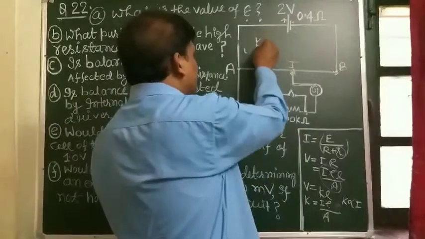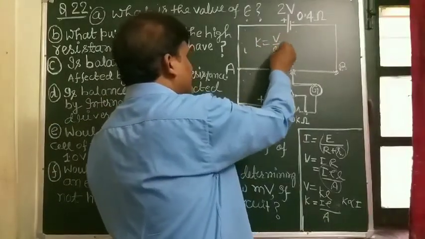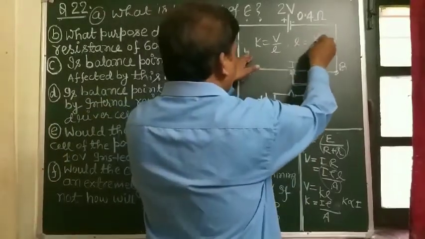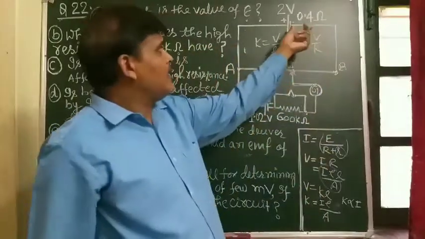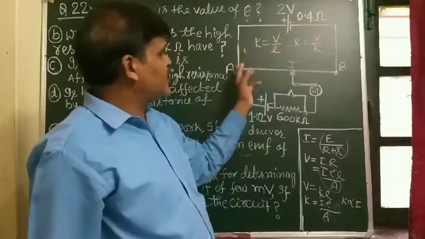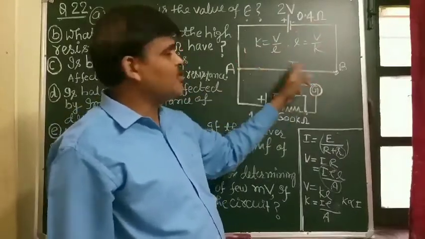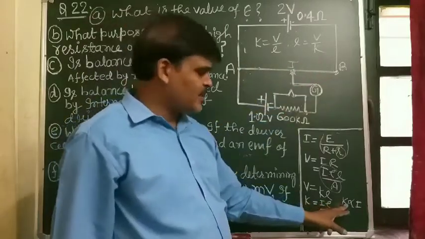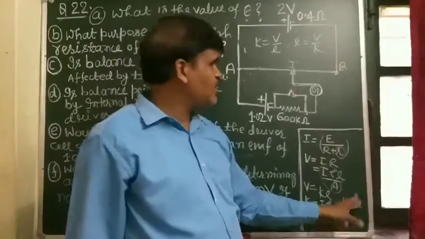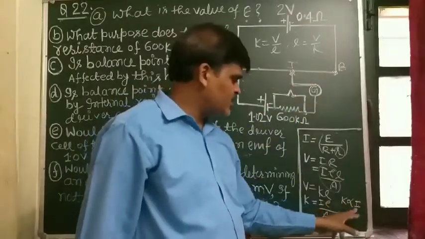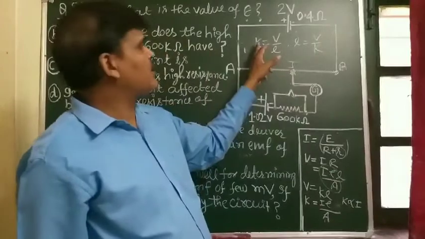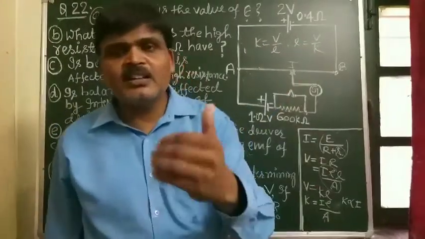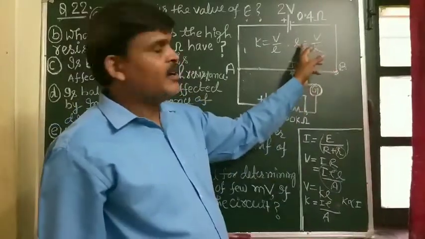We know that K equals V by L, so L equals V by K. So with internal resistance connected to the potentiometer wire, the current through the wire decreases, and the potential gradient is directly proportional to the current flowing through the potentiometer wire. So current decreases, so potential gradient also decreases. If potential gradient decreases, the balancing length will increase.